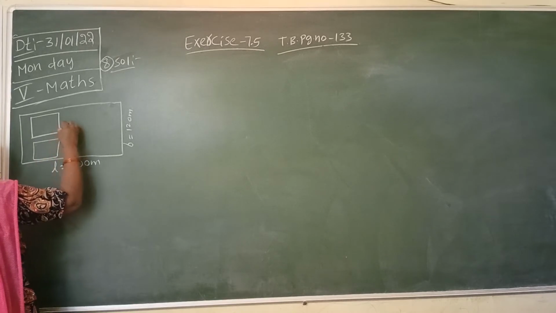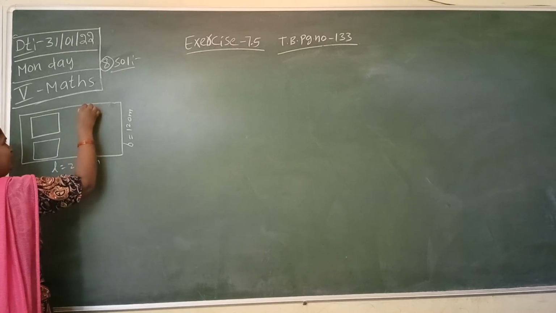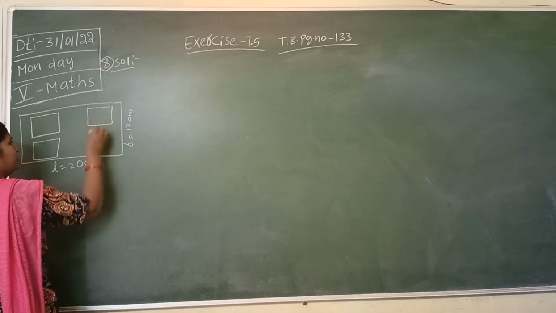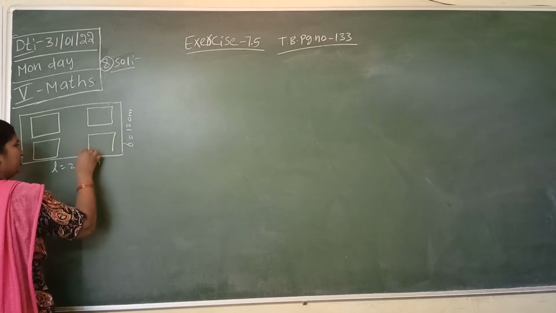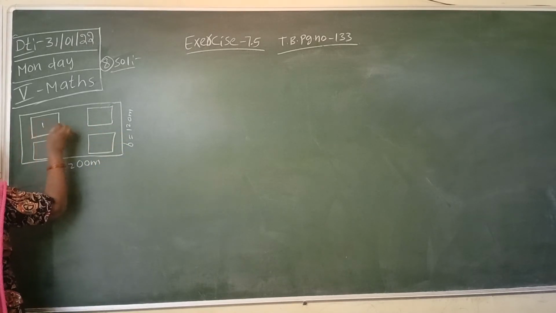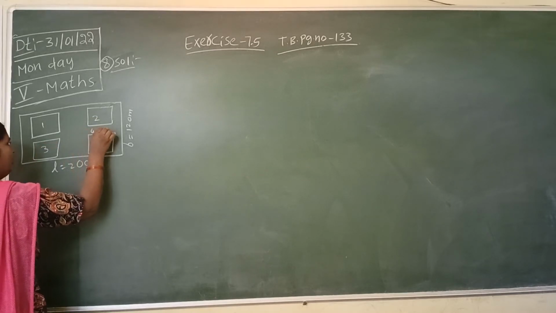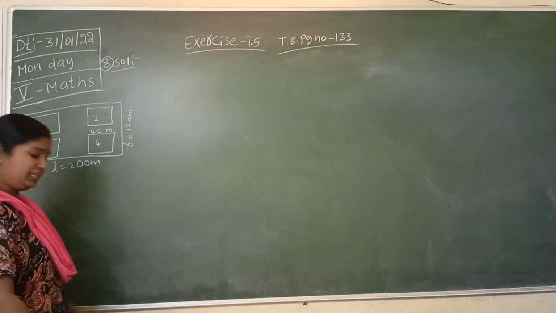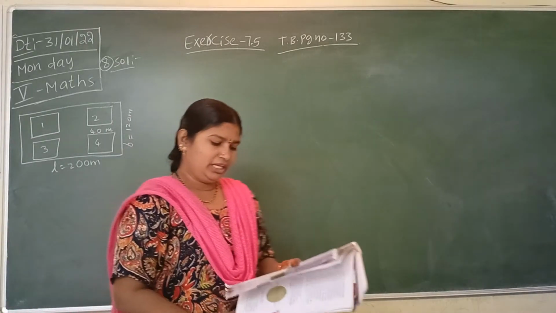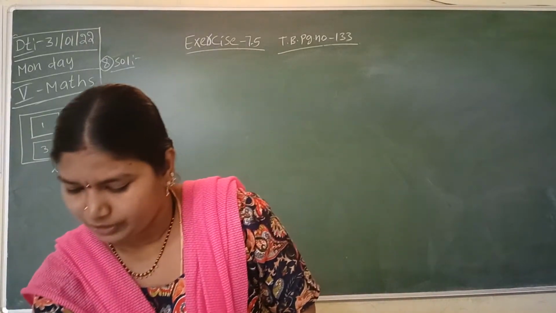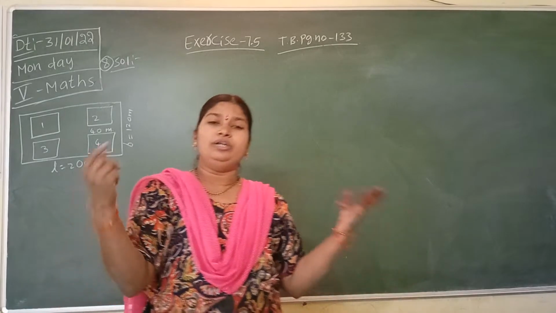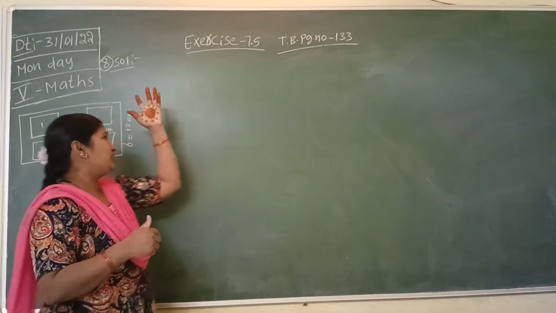This flower bed length is 40 meters. It is the first flower bed, second, third, fourth, and they given one side is 40 meters.